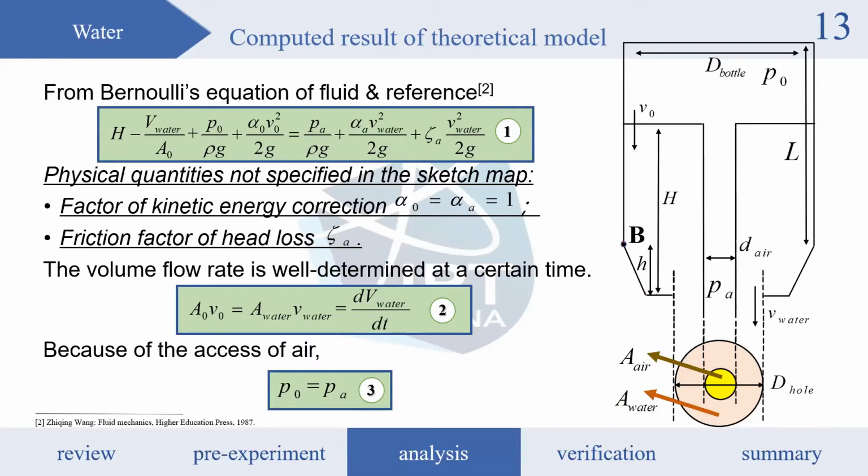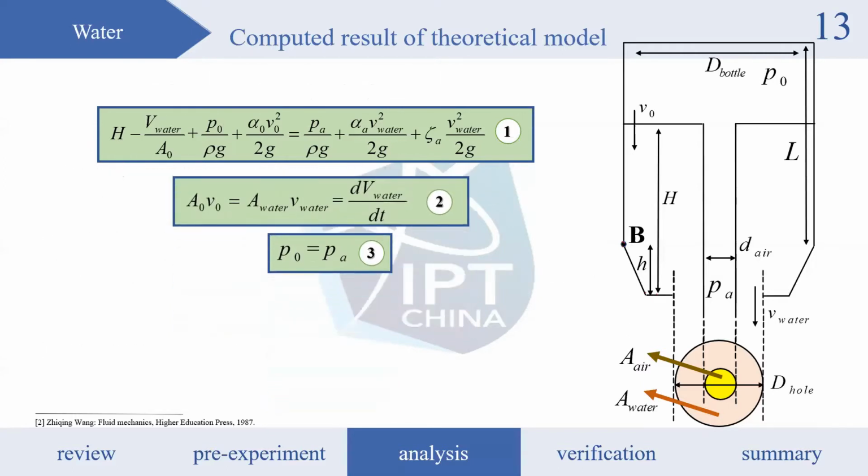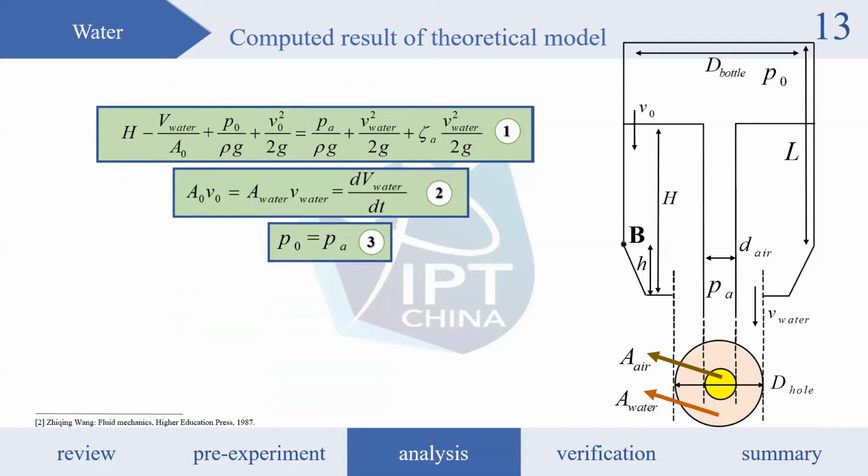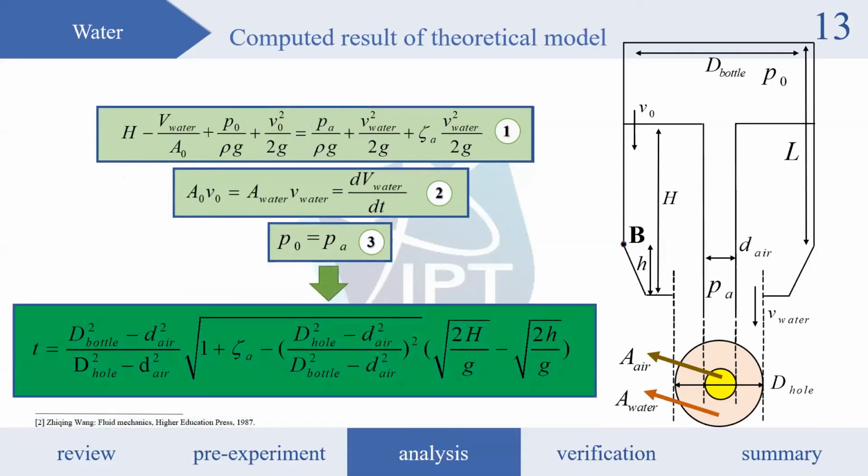The volume is well determined at a certain time, so we can get the second equation, and because of the air column, we get the third equation. Solving the equations, we get the expression for T, and T is positively correlated with the initial height and negatively correlated with the hole.